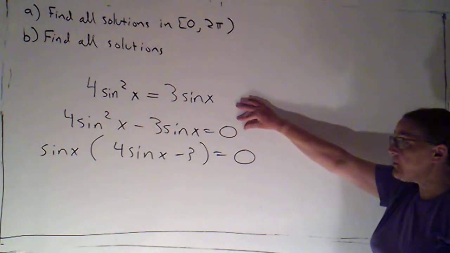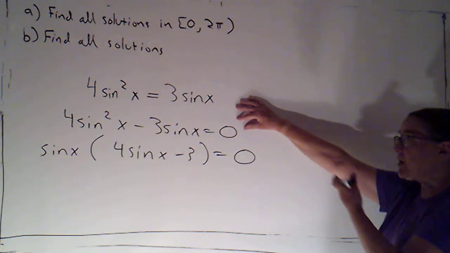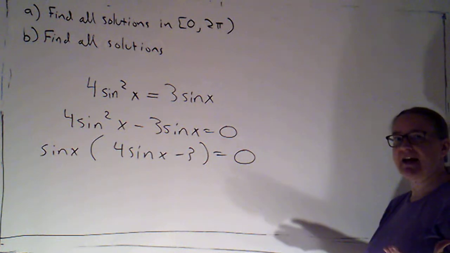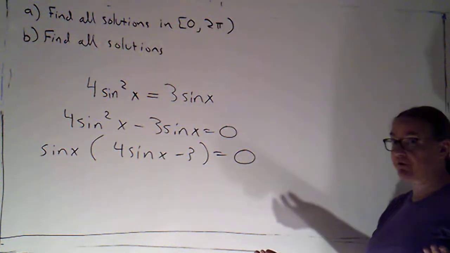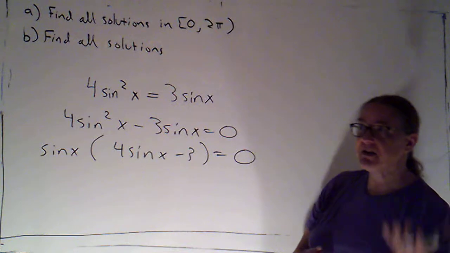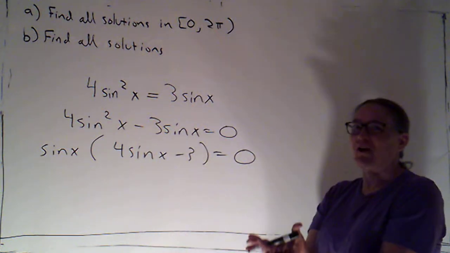Now, it's super important that it's equal to 0 before I factor, because 0 is the only number we have where we know if two things multiply to give us 0, one of those things is 0. That doesn't work for any other number. Two things multiply to give me 1, they could be 2 and 1/2. Neither of those is 1, but yet their product is 1.